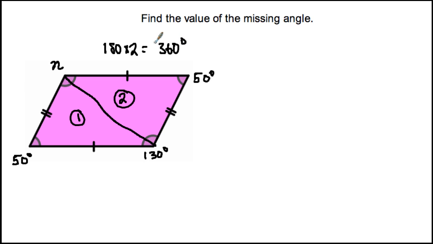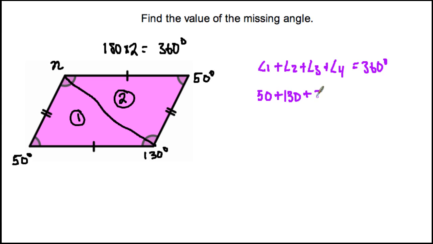So we're going to use that knowledge to help us find the value of the missing angle here. What I know is that angle 1 plus angle 2 plus angle 3 plus angle 4 equals 360 degrees. So let's throw some numbers in here. 50 plus 130 plus 50 plus n equals 360.